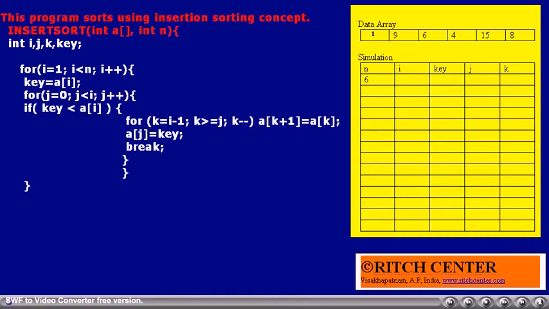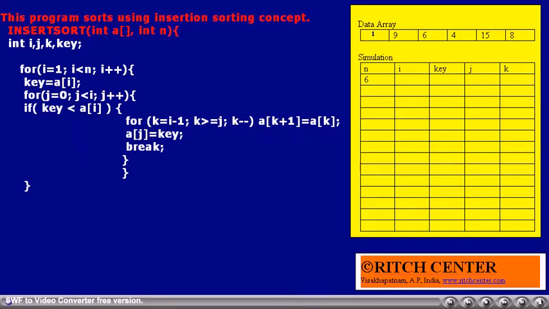If we find the ith element value is smaller than any of the elements before it, we move the elements above this position by 1 unit to the right, and then we insert the ith element in such a way that all the elements are now in sorted fashion. This is the main essence behind insertion sorting.